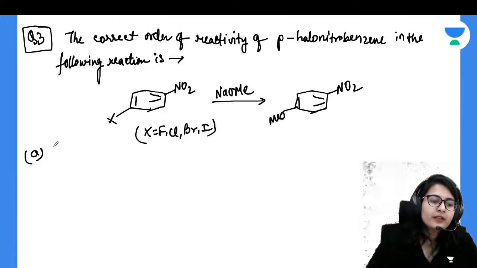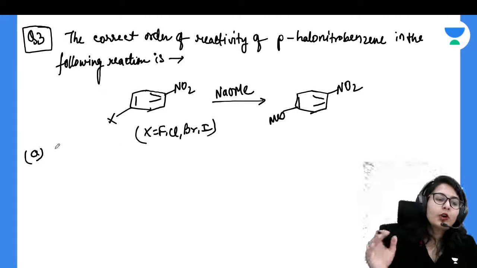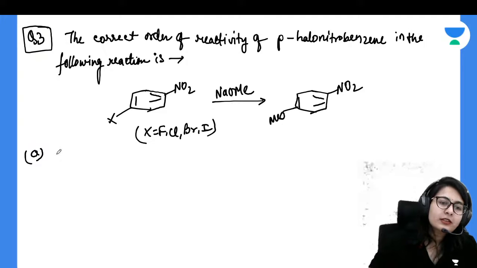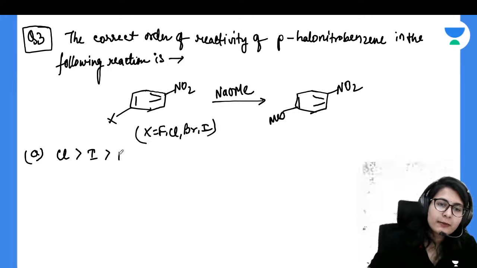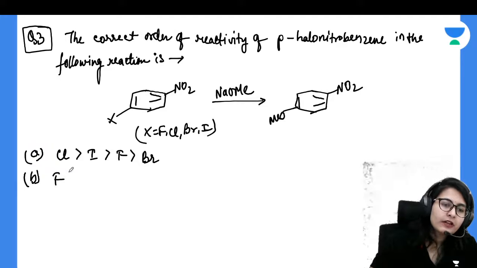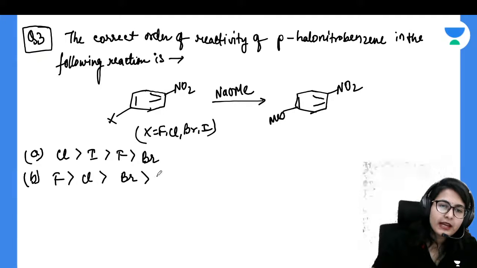Okay, so what is going to be the order of reaction? Let's say your para chloronitrobenzene is going to react better than para iodonitrobenzene, then para fluoronitrobenzene, and para bromonitrobenzene. This is option number first. Para fluoronitrobenzene, para chloronitrobenzene, para bromonitrobenzene, and para iodonitrobenzene.